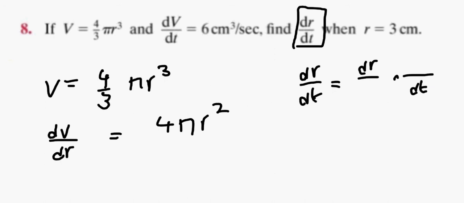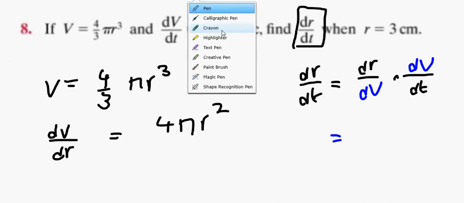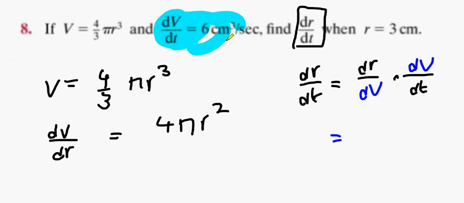Now, what other letter do you see on the board apart from r and t? What do you reckon goes here and here? Good job. Here, there. Alright. Do you know the value of the dV/dt? What is it?